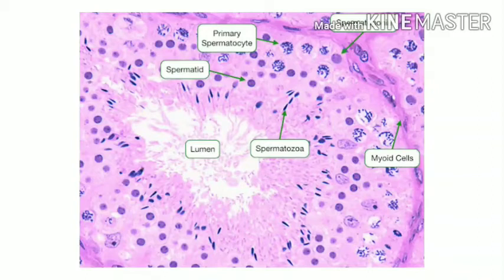The spermatozoa are seen bordering the lumen. The spermatozoa have dark nuclei that are elongated and a flagella or the tail. The heads of the sperms are inserted into the Sertoli cells with their tails facing the lumen.